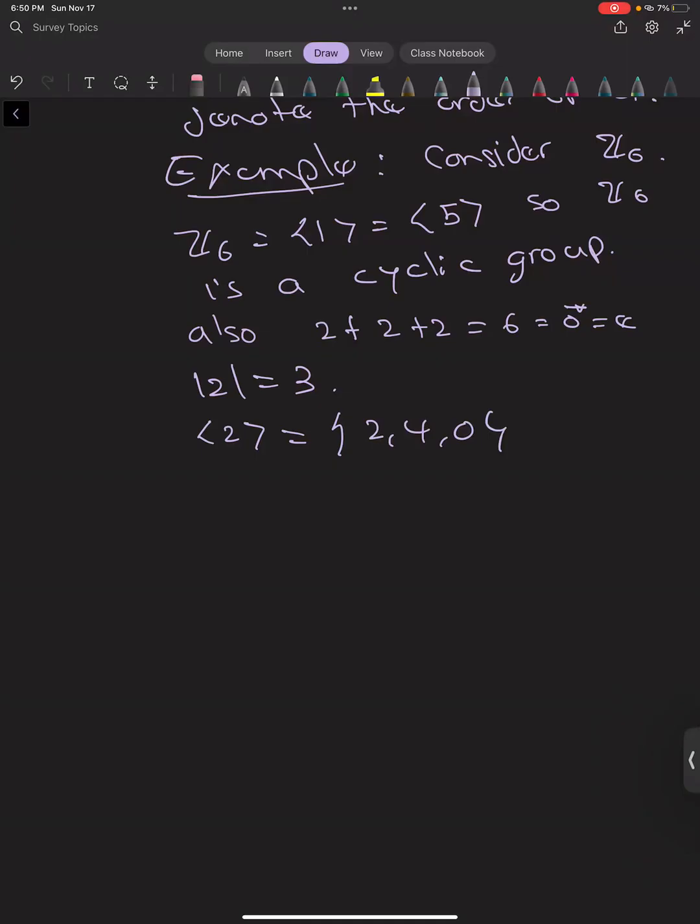So what is the order of 5? The order of 5 is 6, right? Because it has to be 5 plus 5 plus 5 plus 5 plus 5, 6 times to give you the 1.